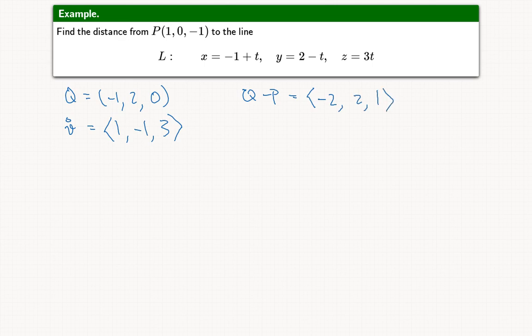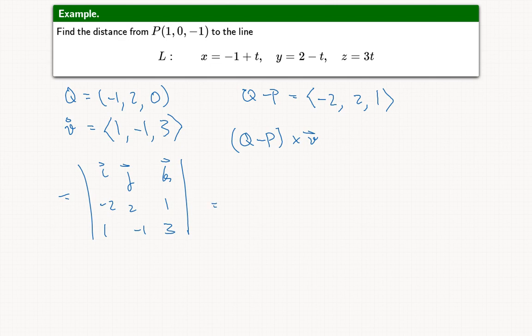Now we take the cross product of Q minus P cross V. So this will be the determinant with i, j, k, negative 2, 2, 1, 1, negative 1, 3.